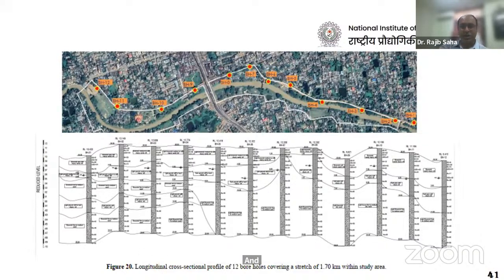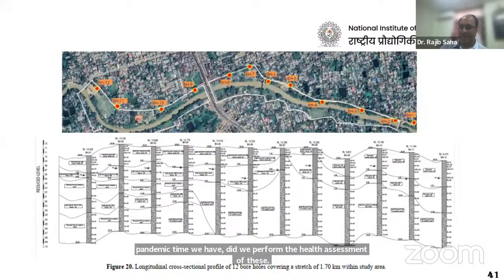We did a thorough soil investigation for the part of the flood embankment jurisdiction. Around 6 kilometers was given. A smart city project is going to be constructed, and right now it is almost constructed. I think we dealt with this case during the COVID pandemic time. During that time, we performed the health assessment of this flood protecting embankment of the Howrah River.